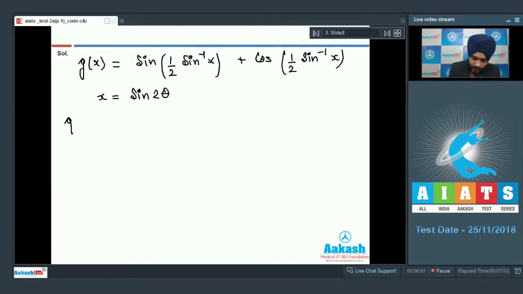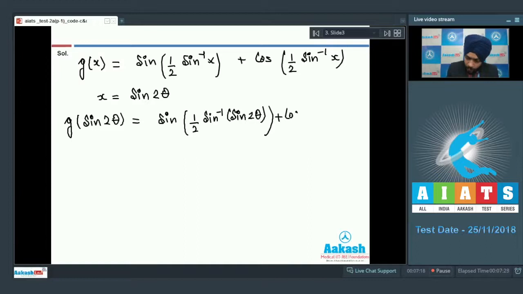So g of sin 2 theta will be sin of (1/2 sin inverse sin 2 theta) plus cos of (1/2 sin inverse sin 2 theta) again.